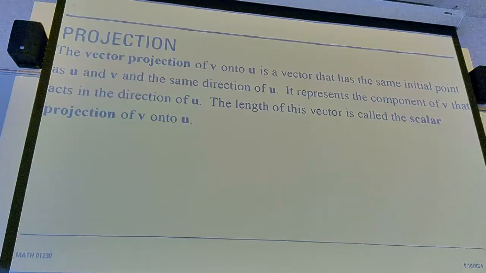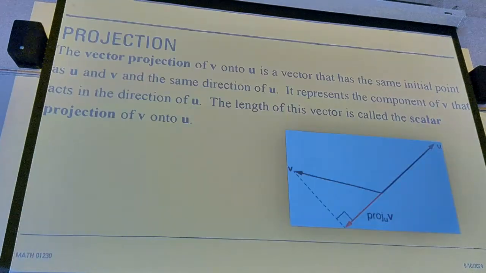The length of this vector is called the scalar projection of v onto u. There's the formula for finding that projection.